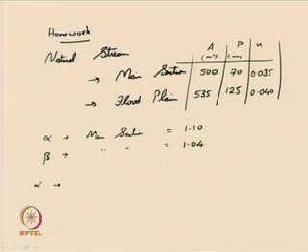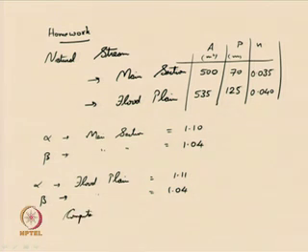Similarly, alpha for the flood plain is given as 1.11, beta for the flood plain is given as 1.04. You compute the alpha m and beta m coefficients for such a compound cross section. Okay, you compute them as a homework.